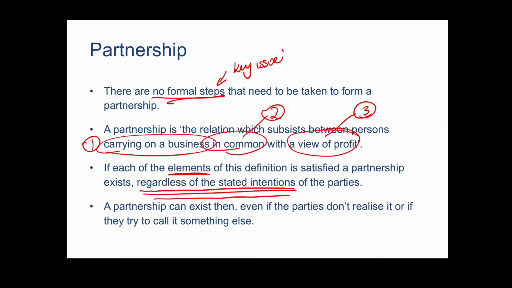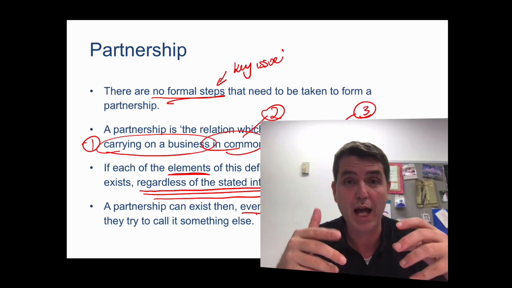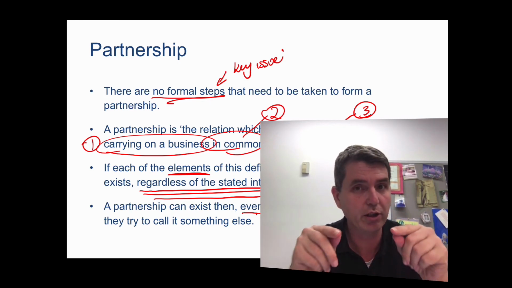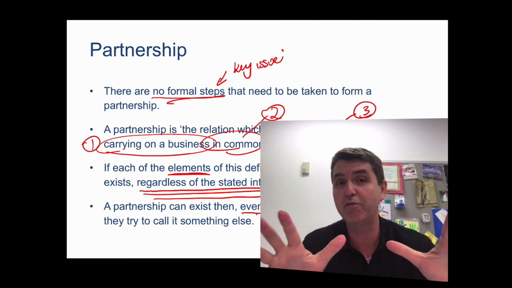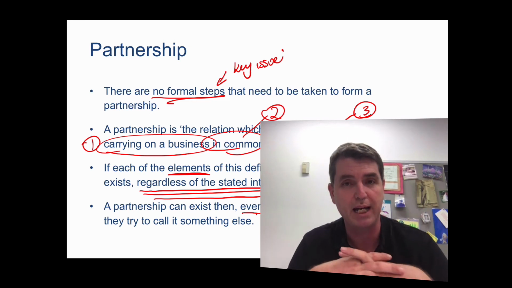So a partnership can exist even if people don't think so. This is a really important point. So if you're actually running a business with someone together, you can have a partnership and you can be held to have a partnership, even if you haven't signed an agreement, even if you don't think you have a partnership.